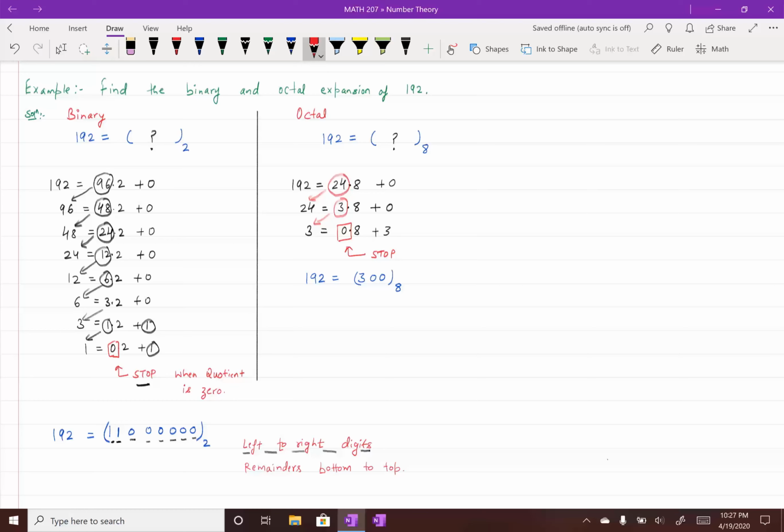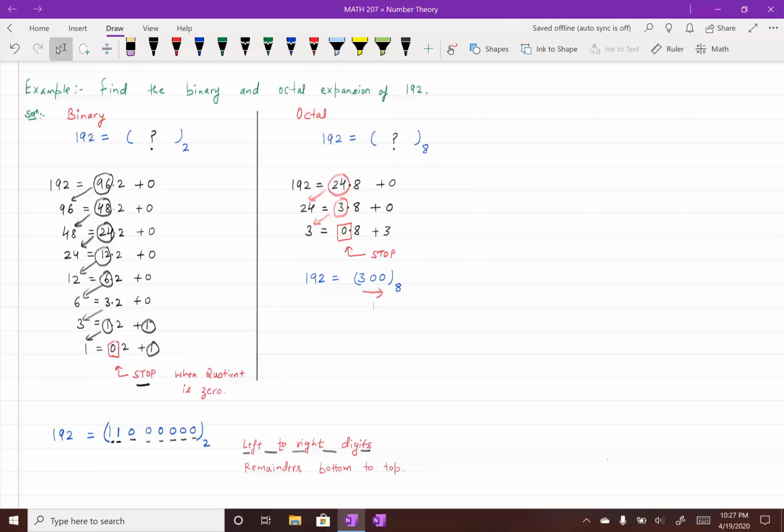And the algorithm says that you collect all the remainders from the bottom to top and write them from left to right. Okay, so here you write them from left to right as 300. So 300 with the base 8 is going to be equal to 192.